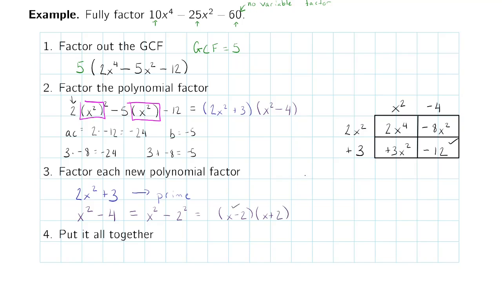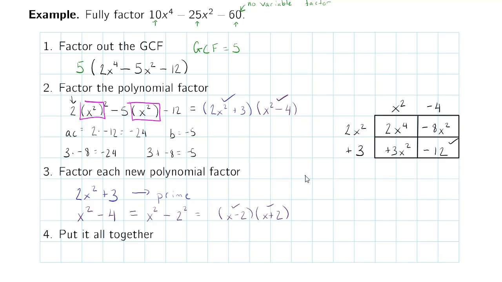And now these guys are linear, so they're prime. Once I'm down to linear stuff, I know I can stop. So I've factored this factor, discovered this one was prime. I've gotten everything as factored as I can.